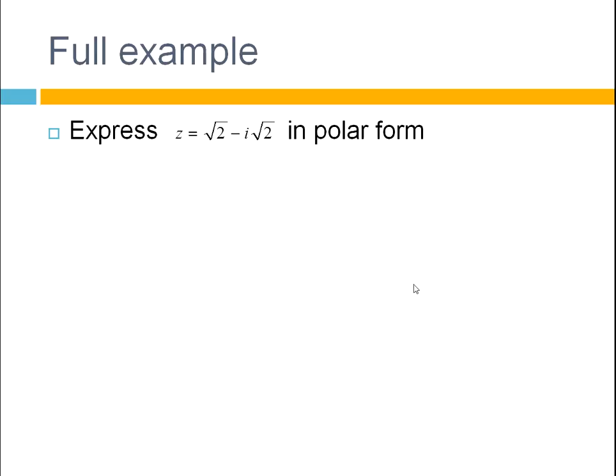So we'll do a full example to find root 2 minus i root 2 in polar form. Exactly the same steps, and find the modulus as so, just your x squared plus y squared, and when you square something with a negative it just becomes positive, so you get 2 plus 2, square root is 2.